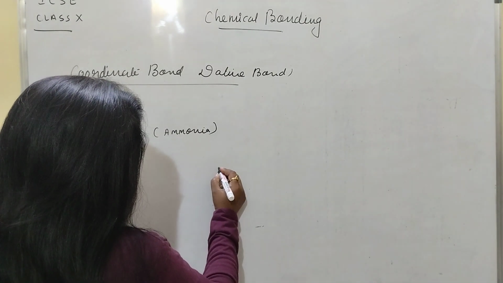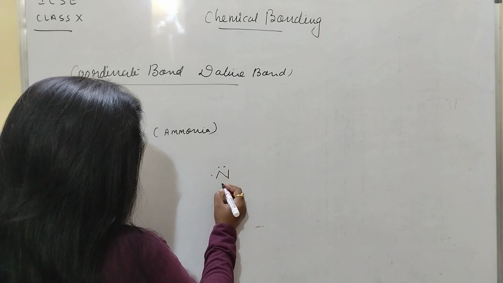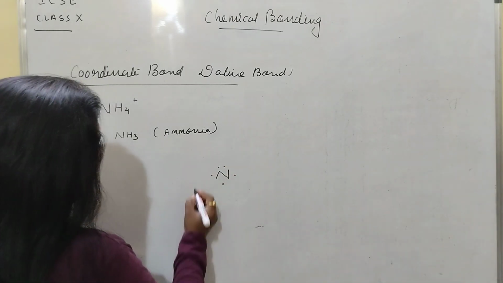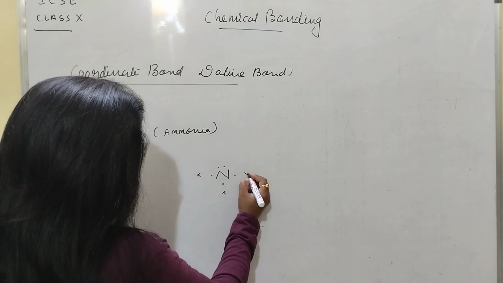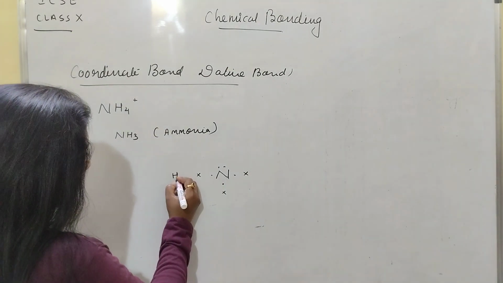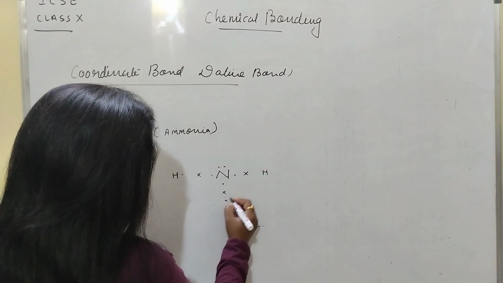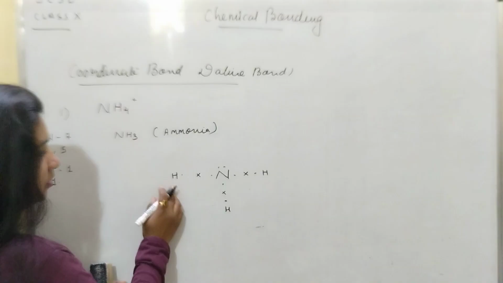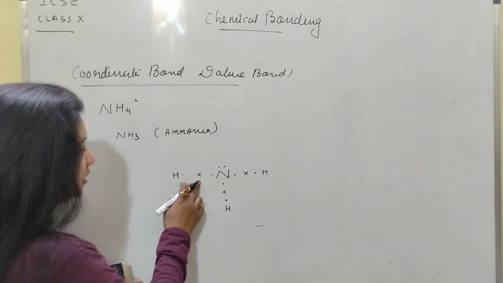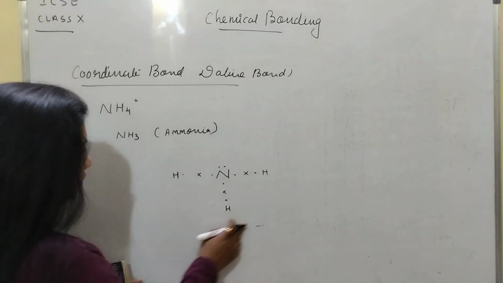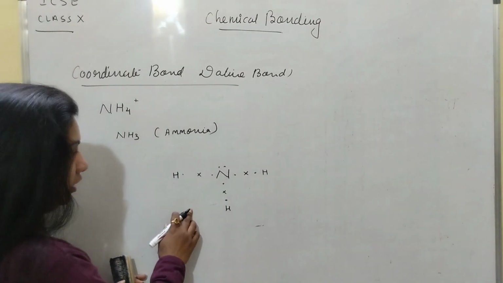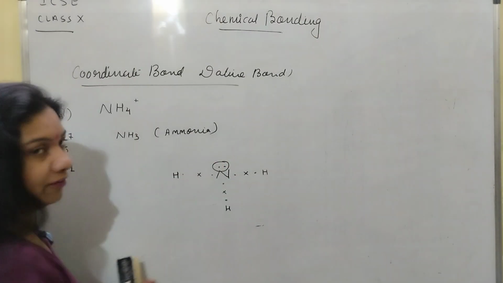Here nitrogen has 5 electrons in its outer shell, of which 3 electrons are paired by 3 hydrogen electrons. The 3 hydrogen atoms pair with these 3 electrons of nitrogen in ammonia, and 1 pair of electrons is left.